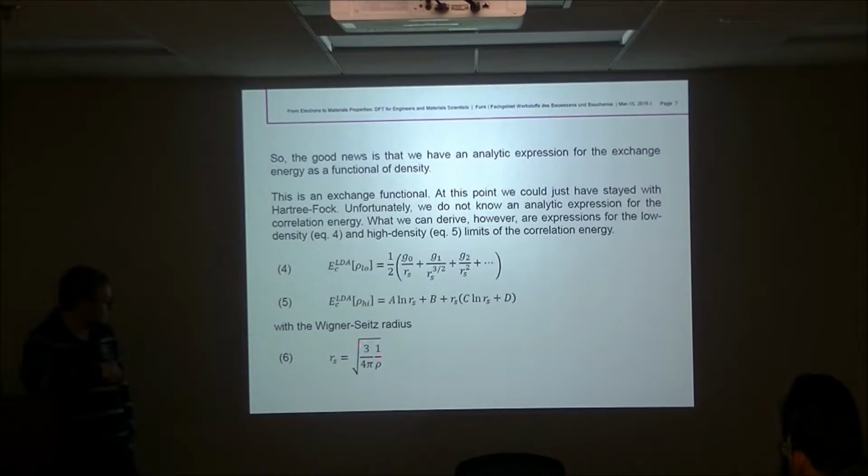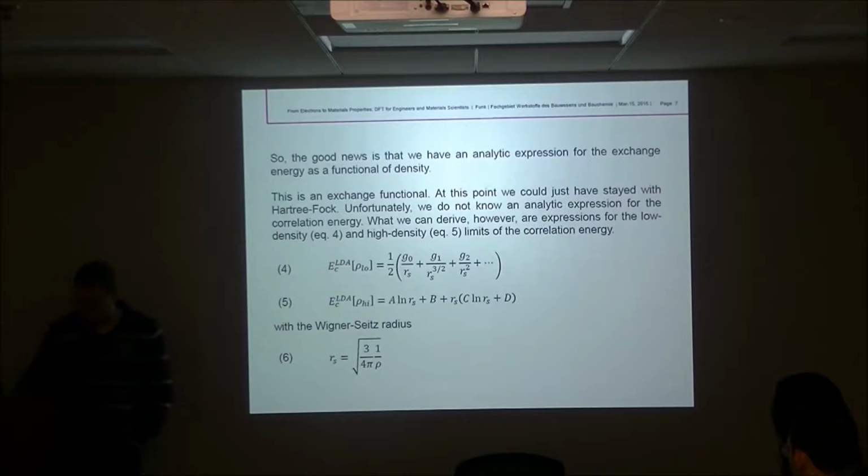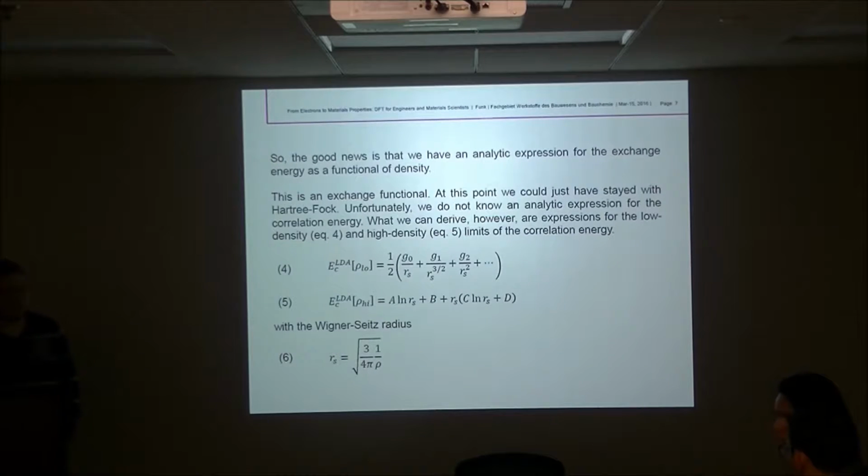But it's the same analytical form, so they're depending also on r_s and the density. So it's pretty nice. We know what happens at high density, we know what happens at low density. And we have no clue what happens in between. So if you have a true high density case, works fine. If you have a true low density case, works also fine. If we have any other case, which typically is the reality we are facing, it goes wrong.